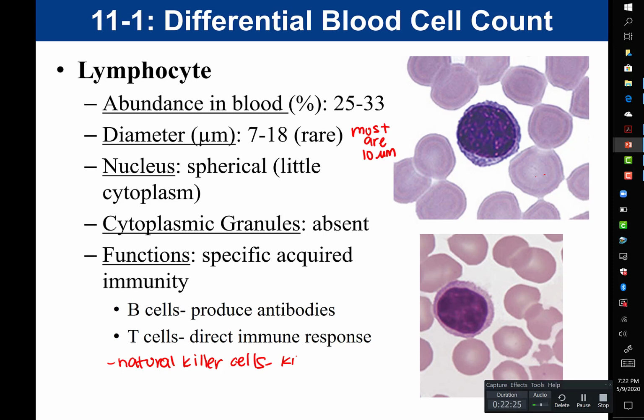And these kill foreign or infected cells without antibody-antigen interaction.